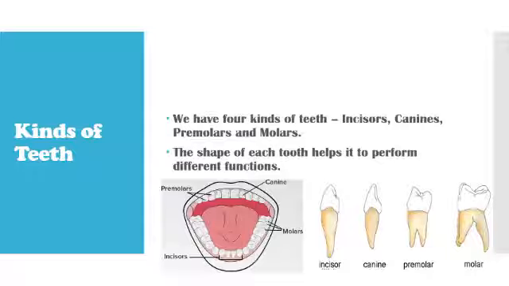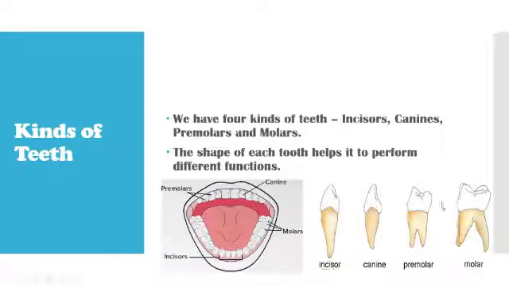The teeth at the back of the mouth are wide and flat. These are called premolars and molars. Premolars cut and grind the food, whereas molars crush and grind the food. Now we have 4 premolars and 6 molars in each jaw.